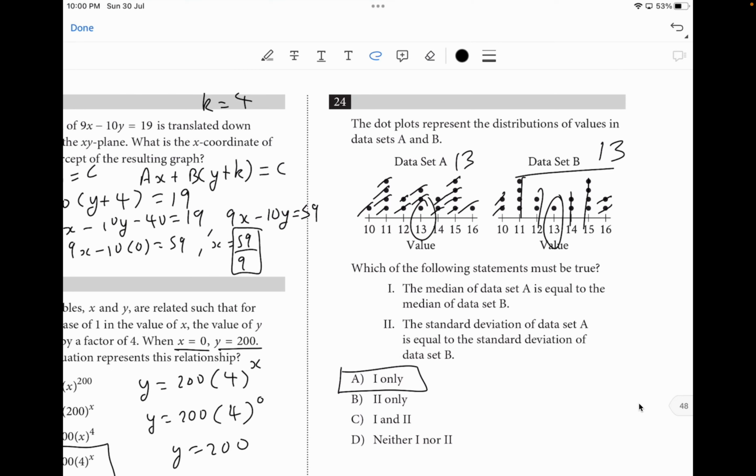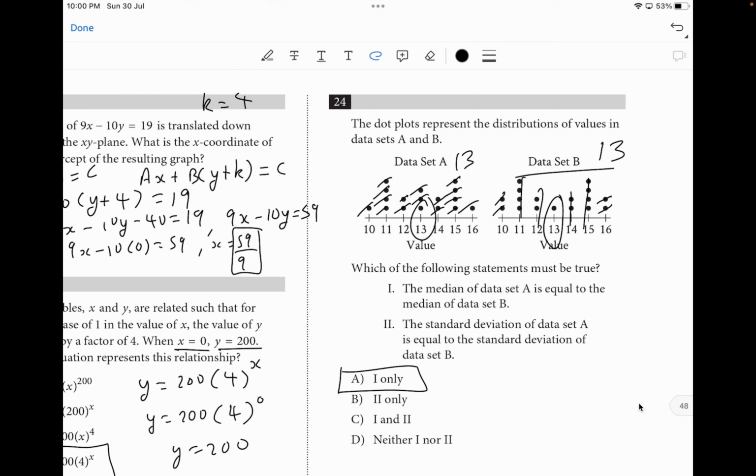We know that standard deviation is a measure of the spread of the dataset. It's larger when there are more values further from the mean and smaller when there are more values closer to the mean. Since both distributions are symmetric with an odd number of values, the mean of each dataset is equivalent to its median. Thus, each dataset has a mean of 13.